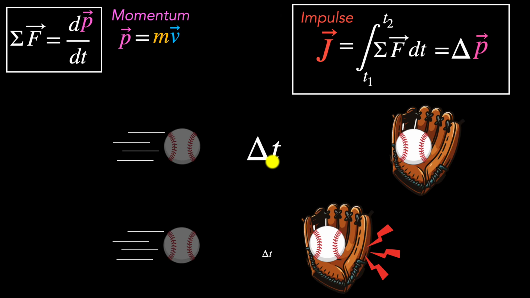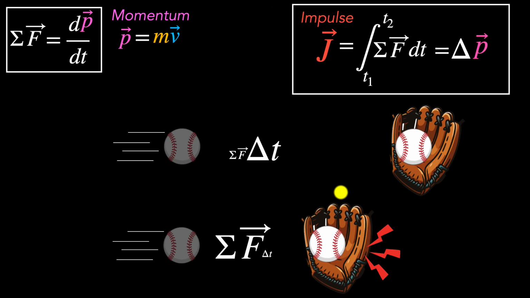But over here, delta t is much higher than over here. Therefore, in order for the product to be the same, the net force over here must be smaller compared to over here. That's the only way the product can stay exactly the same. And as a result, you can see the net force delivered over here is smaller compared to over here.